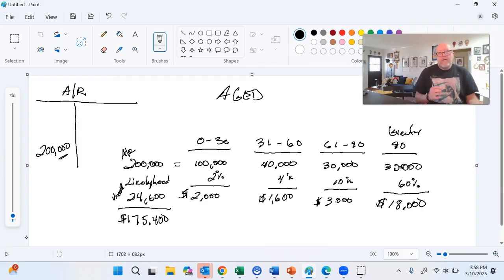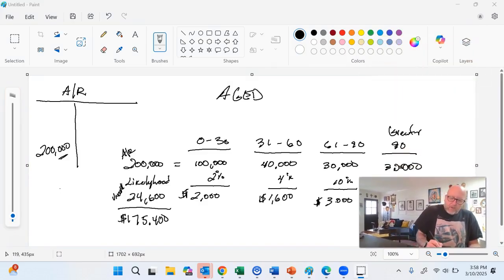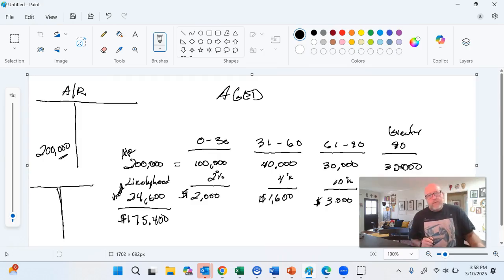Okay. Now, what's the adjusting entry? The adjusting entry is going to start with, remember, it's going to be the same type of analysis that we did with the percentage of receivables. Okay. I am going to first look at the allowance for doubtful accounts, and I'm going to look to see what that balance is.